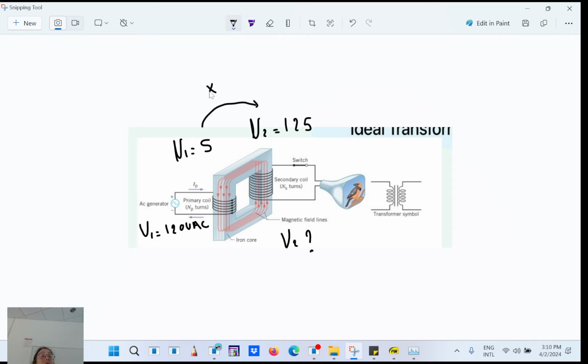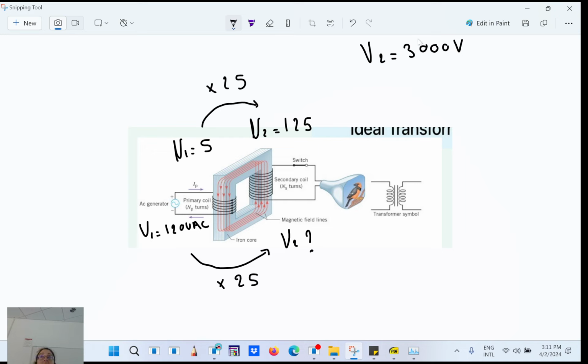How many times does 5 go into 125? 25. So if the number of loops is multiplied by 25, then the voltage is also multiplied by 25. That's how it works. So what's going to be the voltage? 3,000 volt.